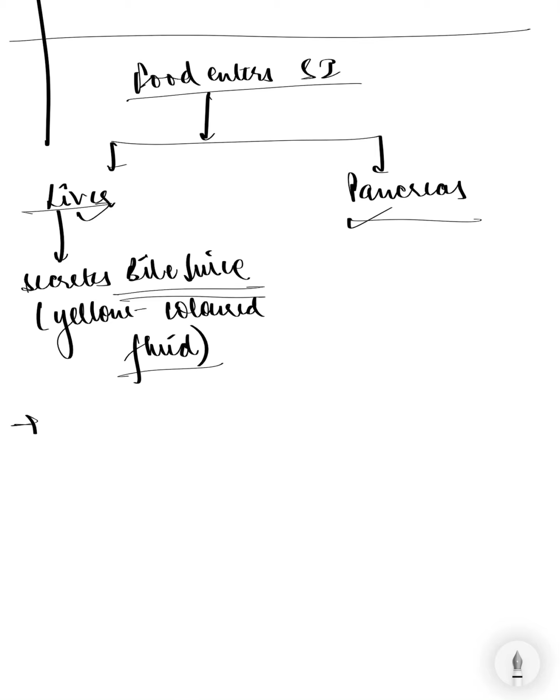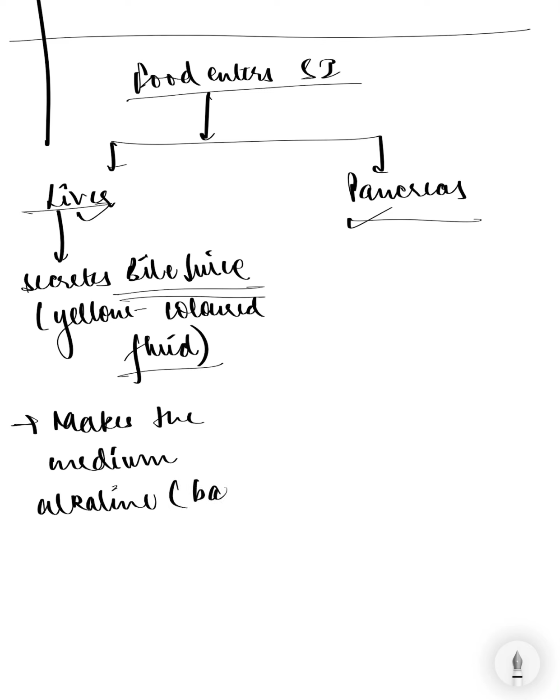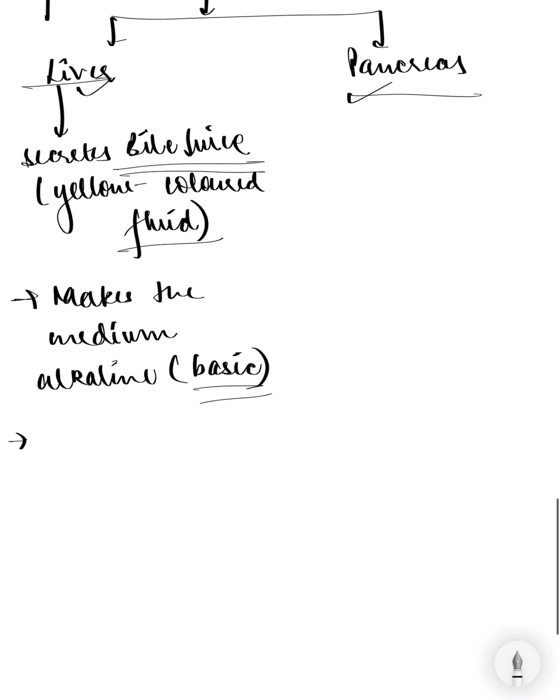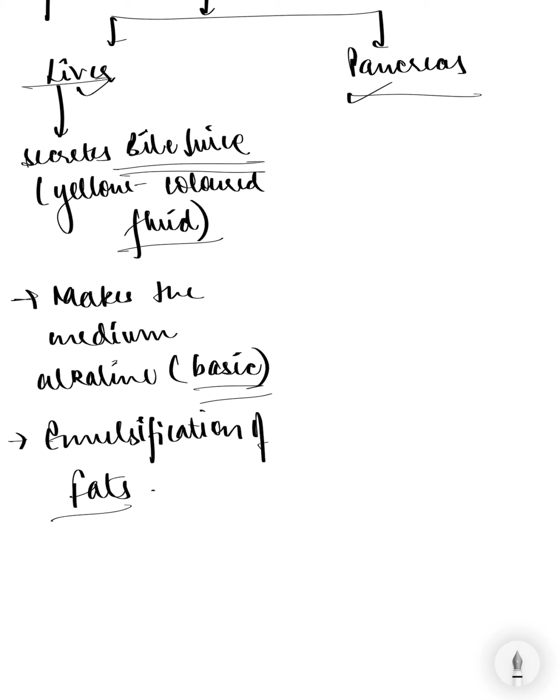This fluid makes the medium of the food alkaline, which is the basic medium, and it has another function. It helps in the emulsification of fats. Now emulsification means the breakdown of the fat molecules, right? This is the function of bile juice.